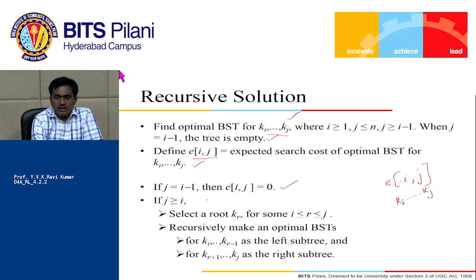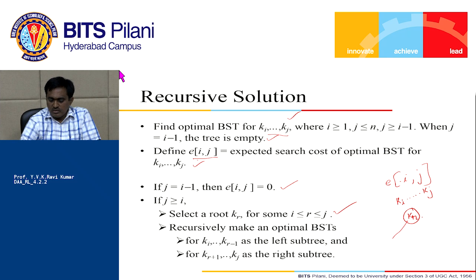If j is greater than or equal to i, then we have to proceed further, where we select a root kr, like what we discussed. So select a root kr and recursively find an optimal solution for the left subtree as well as the right subtree. That is what we discussed.